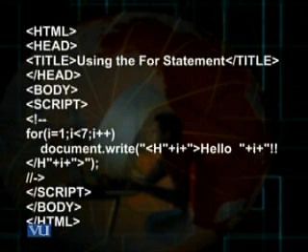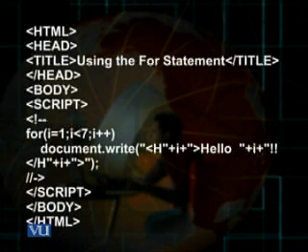Let me explain the concept of for loop. After writing the keyword for, I type 3 statements within the small bracket. The for loop always starts with an initial statement, which here is I equal 1. Second statement is a condition.